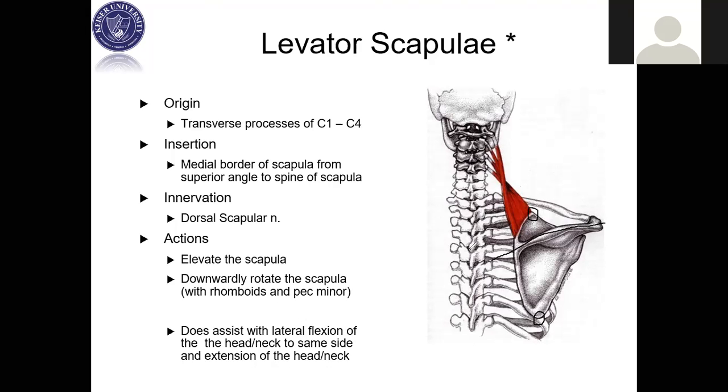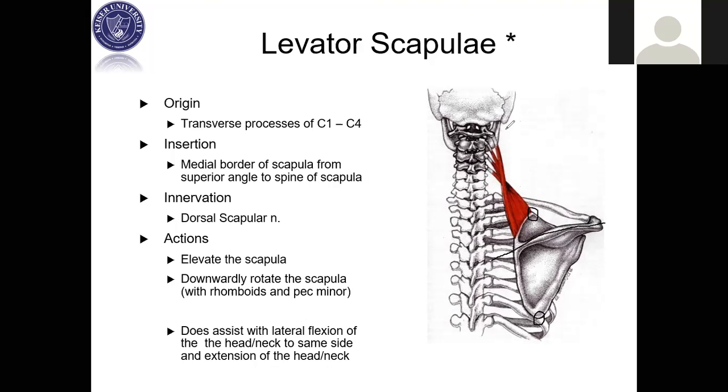It's innervated by the dorsal scapular nerve. The action that I need you to know now is that it elevates the scapula.